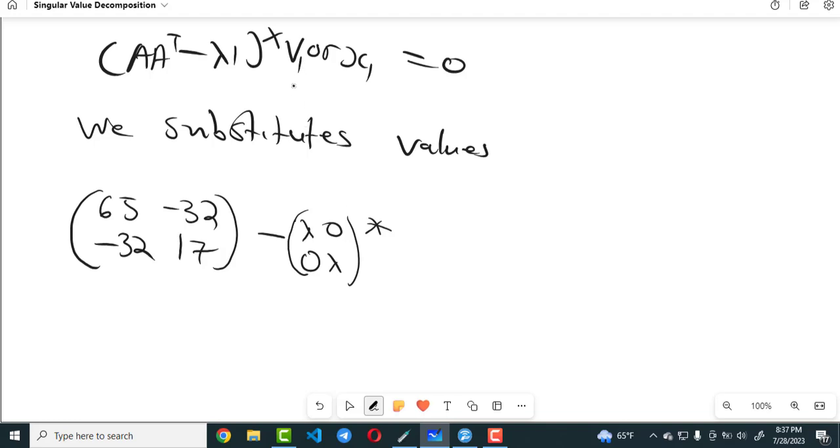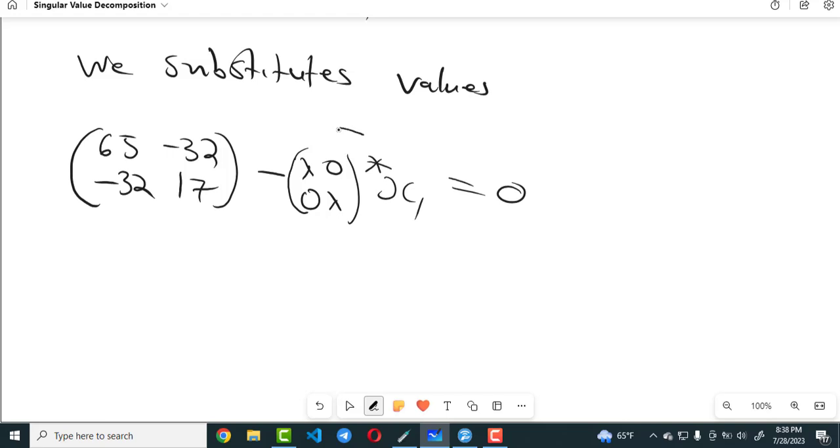We are looking for the eigenvectors, so we put v1, or let us use x1, all equal to 0. Remember, v1 or x1 represents our eigenvectors.